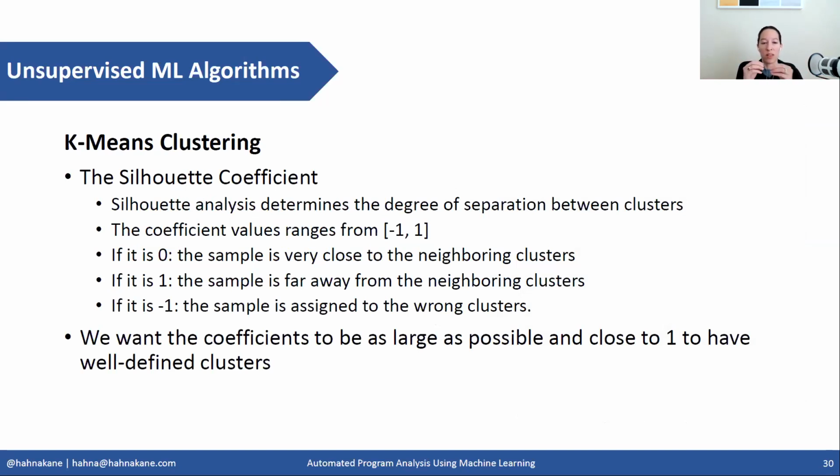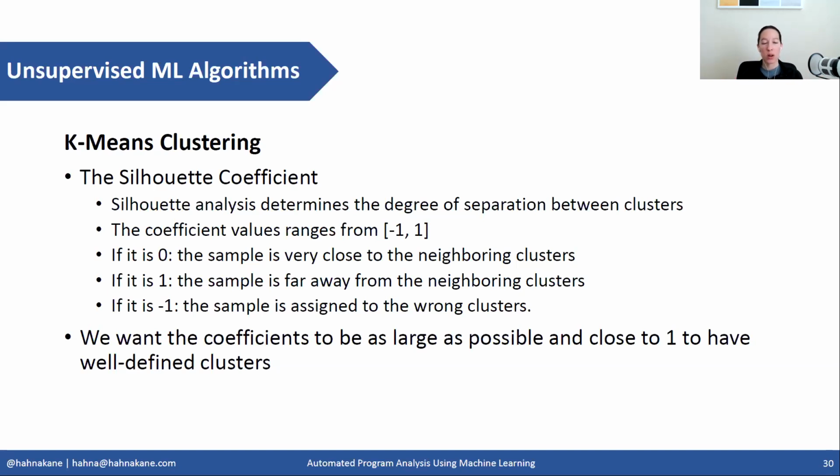If it's 1, then the sample is far away from the neighboring cluster, which is really good, right? You want to minimize the closeness of your clusters. If it's -1, uh-oh, right? So that's an issue. That means that your sample is assigned to the wrong cluster. You want to go back and either reassess your data set or your model.